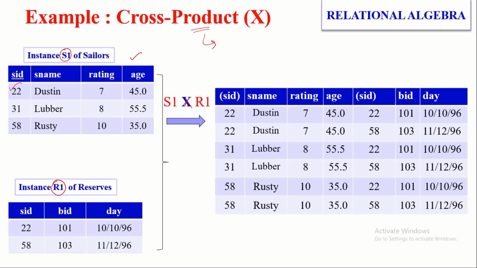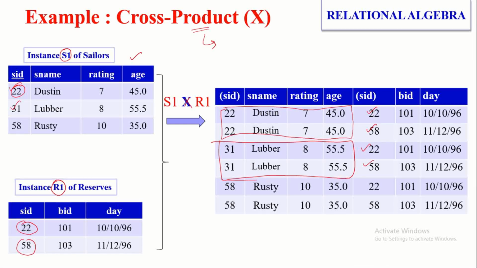So let us take the first tuple in the first input table and combine it with every tuple in the second input table. Okay, so here you can see the first tuple is taken and it is combined with every tuple in the second table. Accordingly, let us take the second tuple in the first input table and combine it with every tuple in the second table.